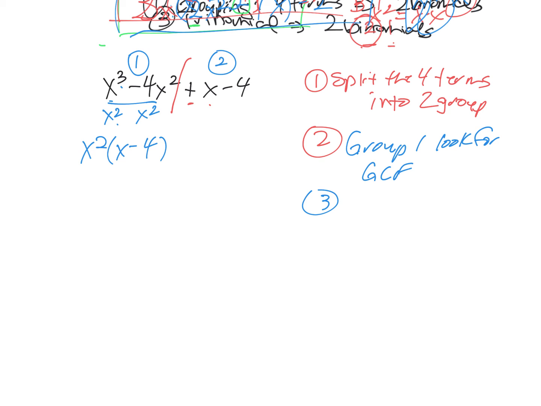Then the third thing that I'm going to do, I'm going to look for group 2. I'm going to look for the greatest common factor here. So only this x and negative 4. Well, the only thing they share is a plus 1.